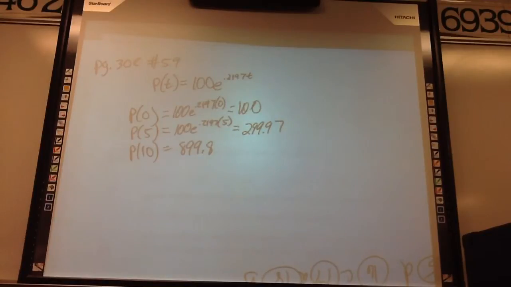Just power up, put in parentheses, and then put 0.2197 times 5 in parentheses.